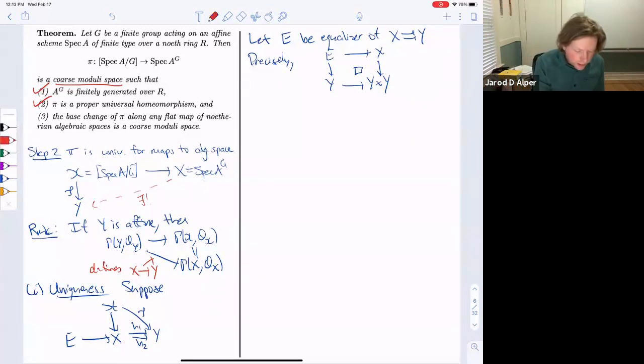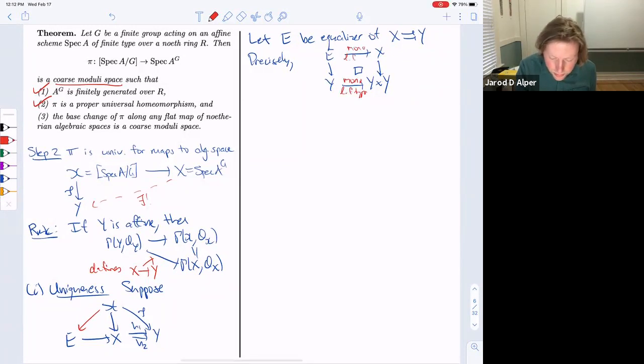By the definition of the equalizer, we know that this factors, because after composition with this coarse moduli space, these maps are equal, right? And because Y is an algebraic space, the diagonal is both a monomorphism and locally of finite type. So that implies the same thing for the equalizer.